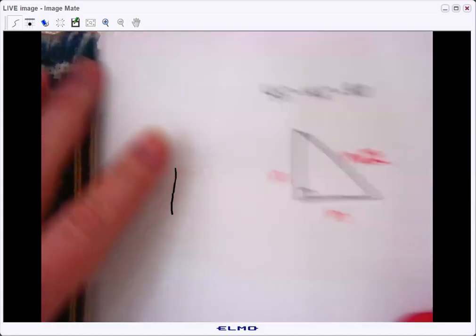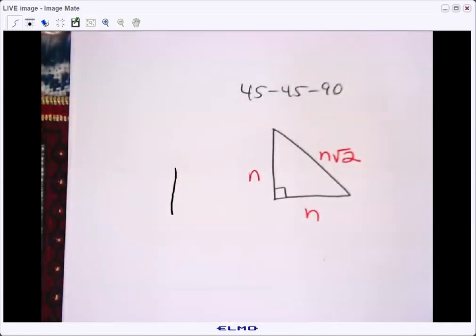Let's do a compare and contrast here real quick. What do they all have in common? All the sides equal each other. Not all of them, 2 of them. 2 of them are exactly equal.